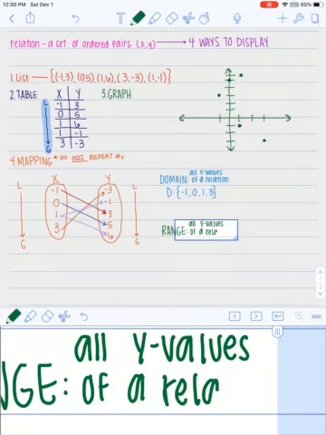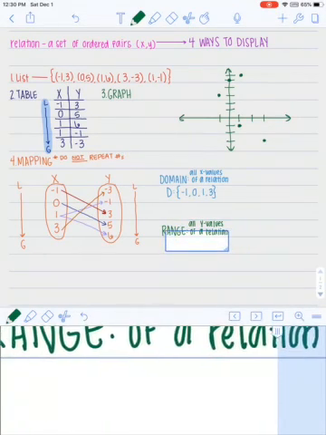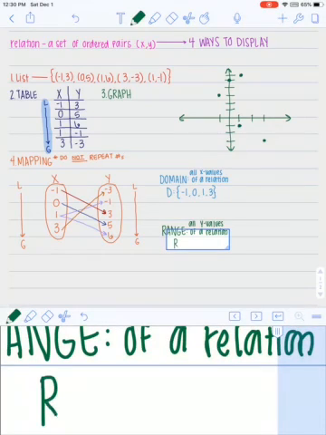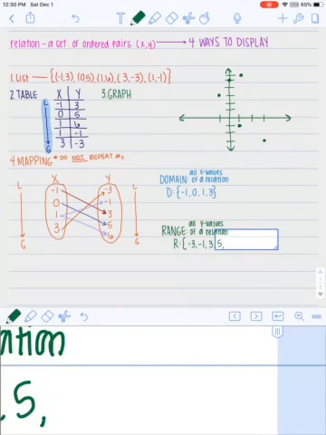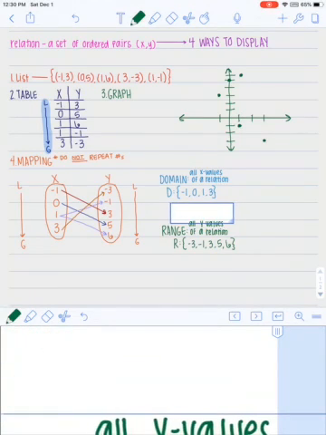And we identify our range with a capital R, a colon, open your grouping symbol, and then write your y values least to greatest, no repeats. So -3, -1, 3, 5, 6, close with your grouping symbol.